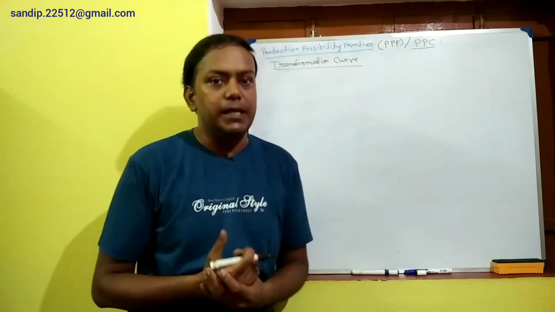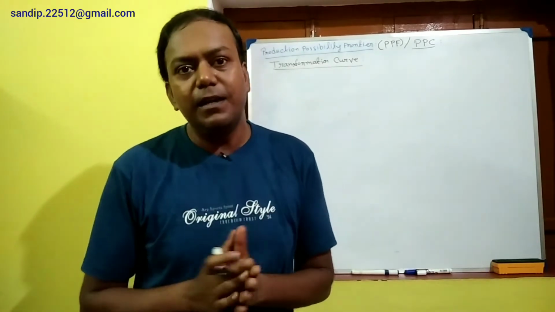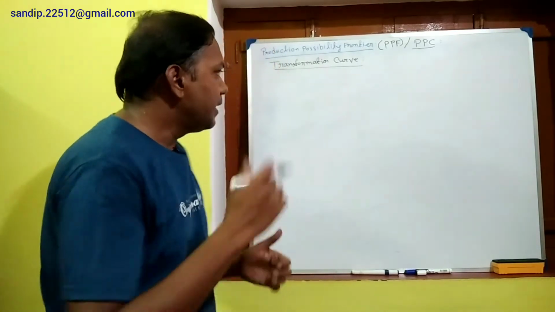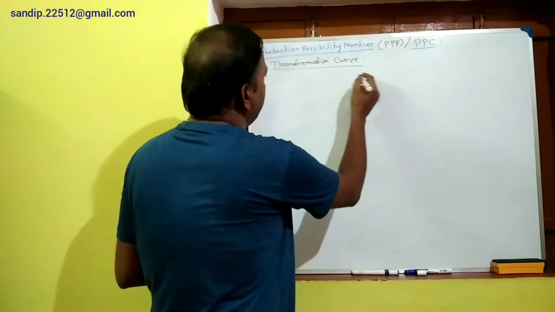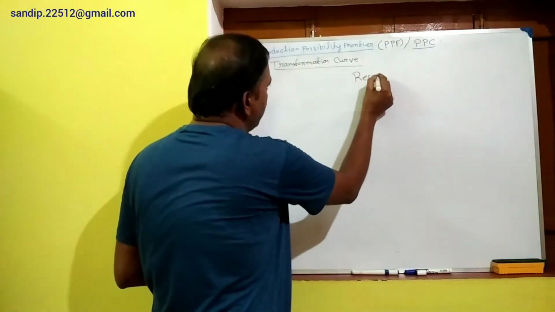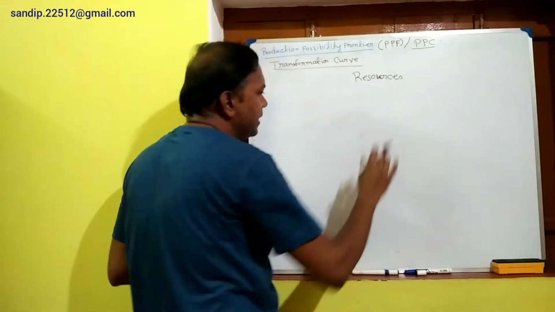Now students, before discussing its definition, we have to know what PPC is and how it comes about. For that, let me assume one hypothetical example. Let us suppose in an economy there are some resources. Now what are the resources?